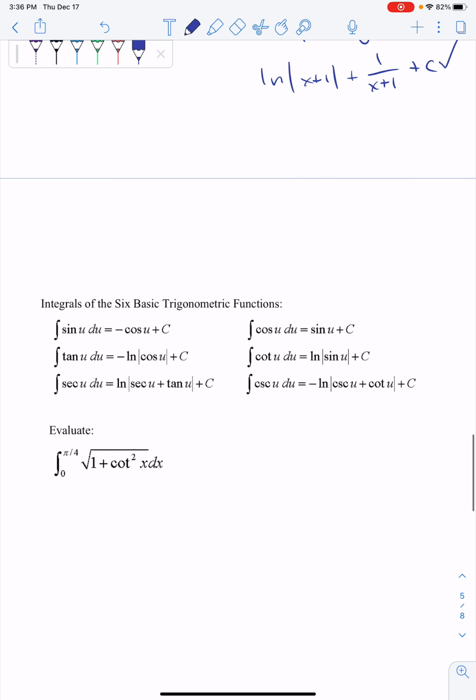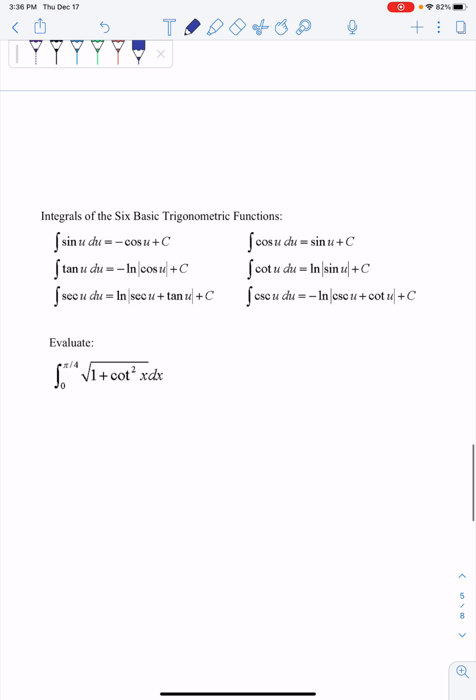Okay. Integrals of the 6 basic trig functions. So we haven't done a lot of integrals with trig. We've done a little bit, but we've skipped some big ones like tangent. Look at this. The integral of tangent is negative natural log of the absolute value of cosine of u. The integral of secant is natural log of secant u plus tangent u.